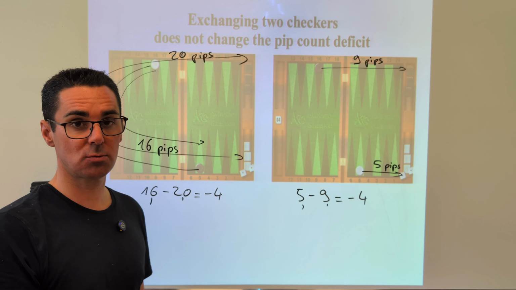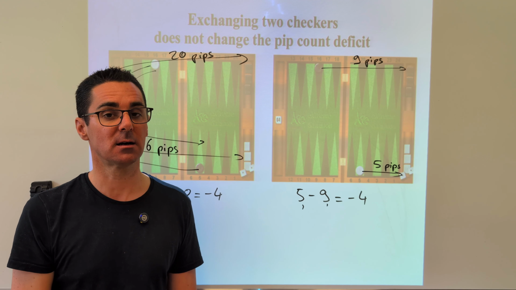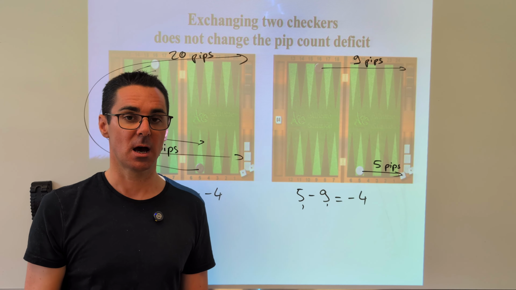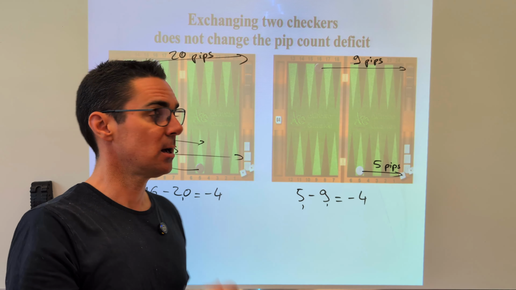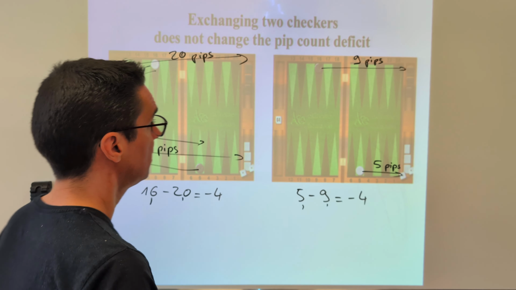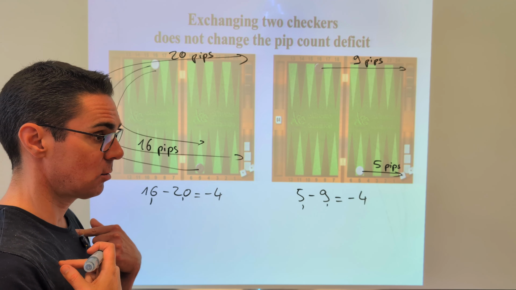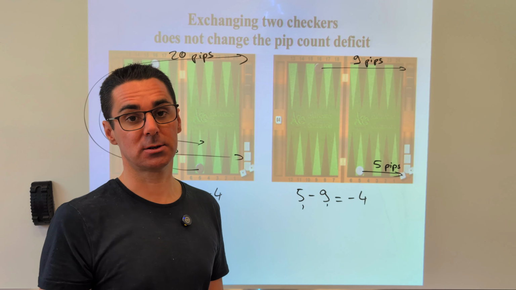You change the two runs in the same way, so you don't change the difference of the two runs, and you don't change the pip count deficit when you exchange your checker with an opponent's checker.